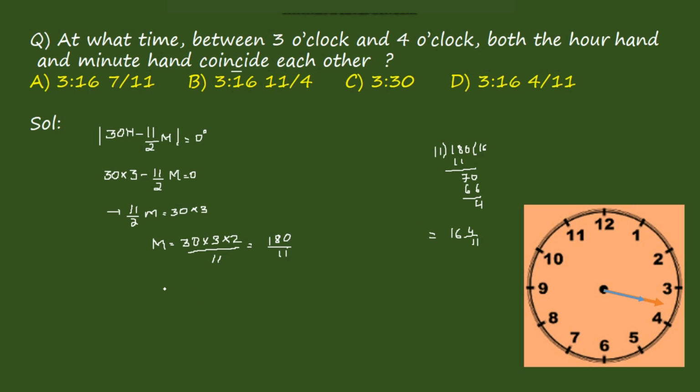So m is equal to 16 4 by 11. After 3 o'clock, at 16 4 by 11 minutes they will be coinciding. So the option is D. After 3 it becomes 16 4 by 11, which is the answer.